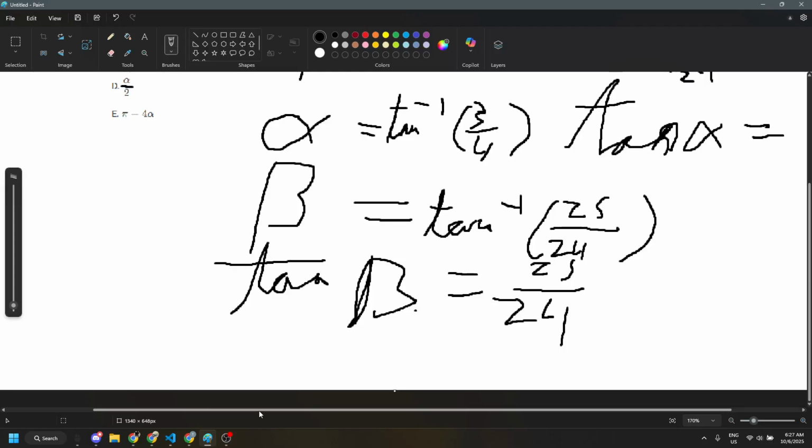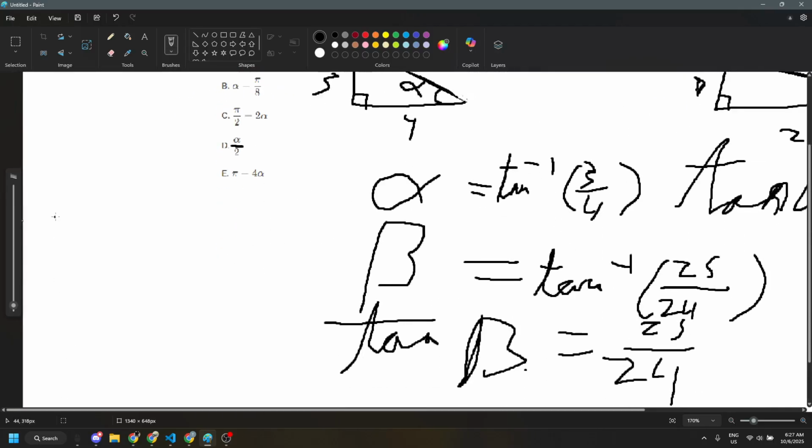Oh, there is. 1 plus tangent squared of theta is equal to, here we're dividing by x, so we would do cosecant, no, we do secant squared of theta. So, okay, that might help.